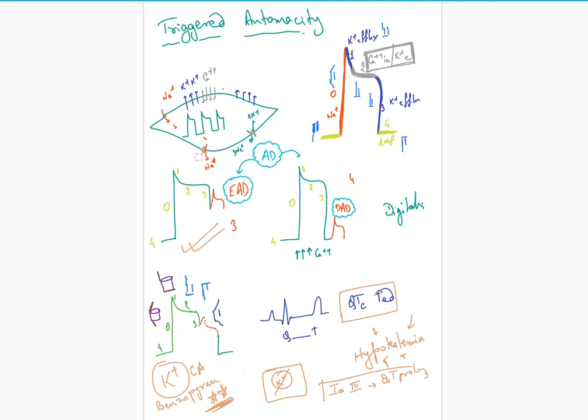This pump needs calcium. Only if calcium can enter from outside will this pump work. This is called the sodium calcium exchanger.